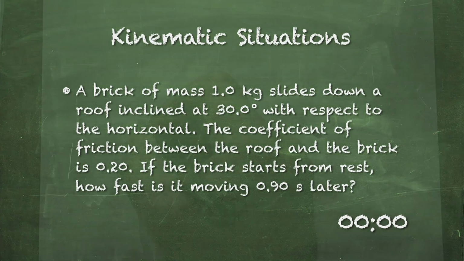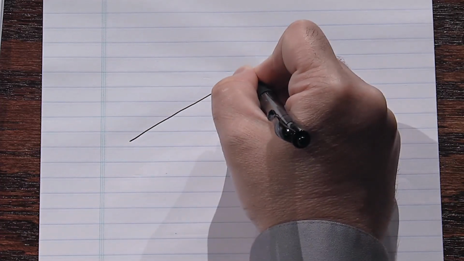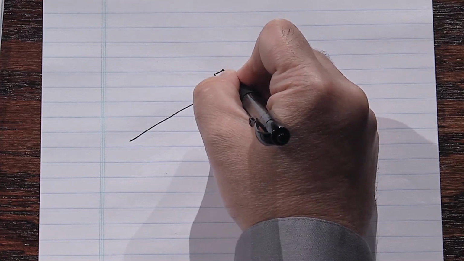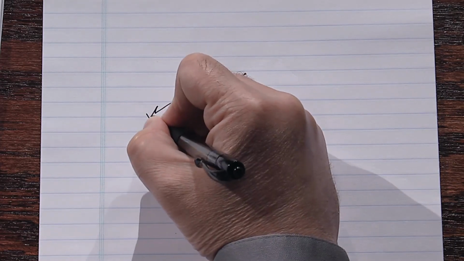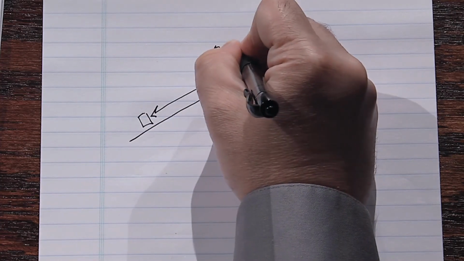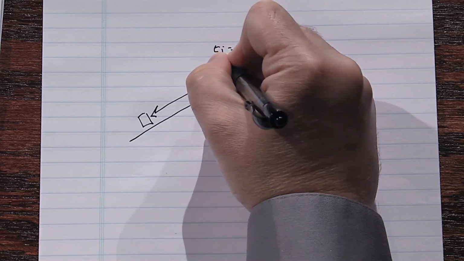Okay, let's draw our diagram. I'll draw it the same way I did last time. We have a brick sliding down a roof. We have T initial is equal to 0 seconds.